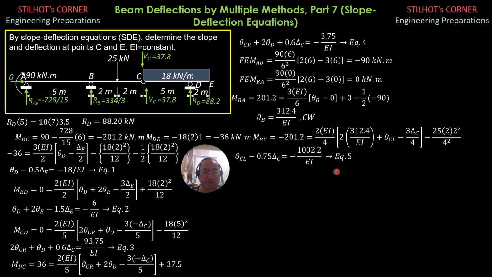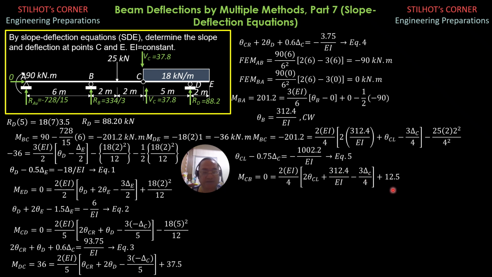Call that equation 5. So for equation 6, let's set up MCB. Moment CB is 0. So MCB equals 0 equals 2 EI over L4, quantity 2 theta C left plus theta far, which is theta B, solved, minus 3 delta C over 4.